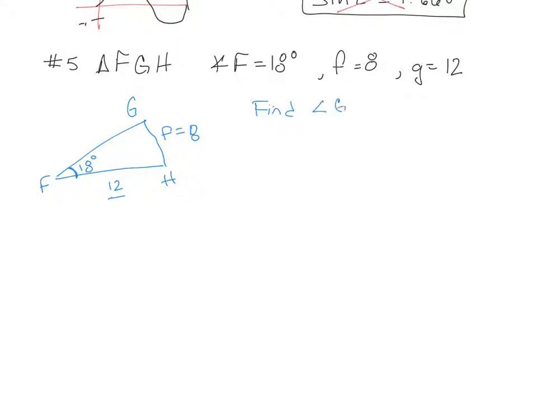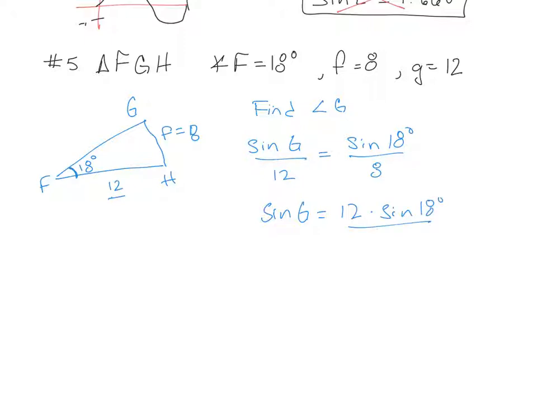So going through and setting this up, I have the sine of G over 12 is equal to the sine of 18 degrees over 8. So the sine of G is equal to 12 times the sine of 18 degrees all over 8.